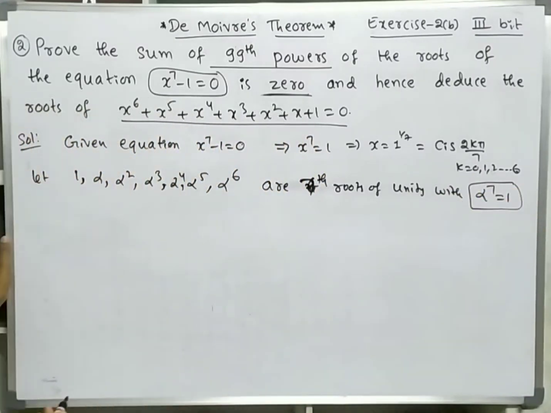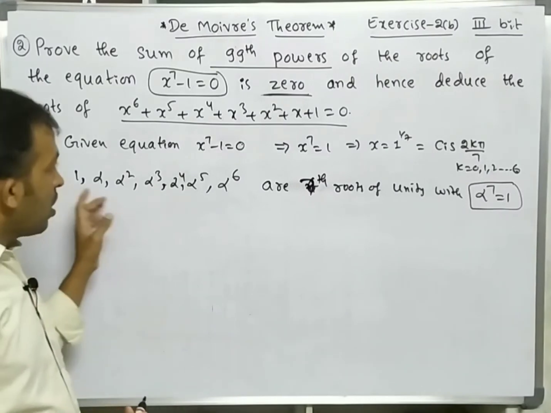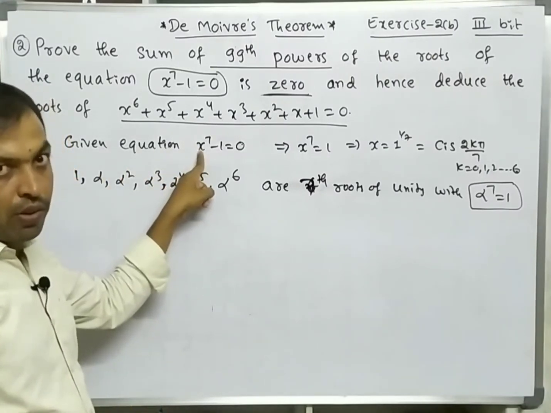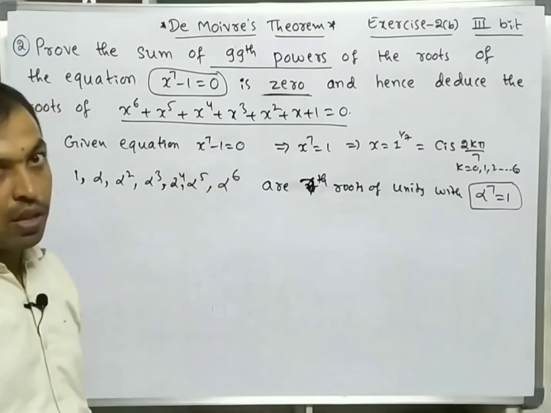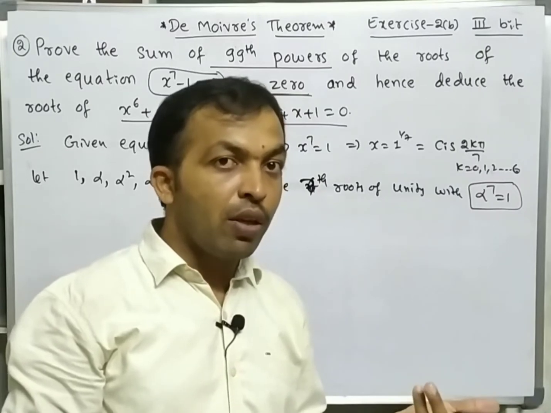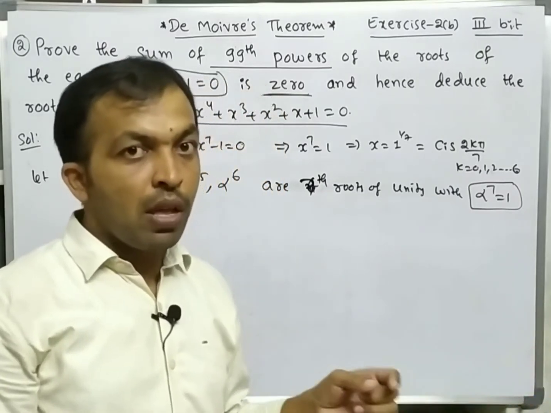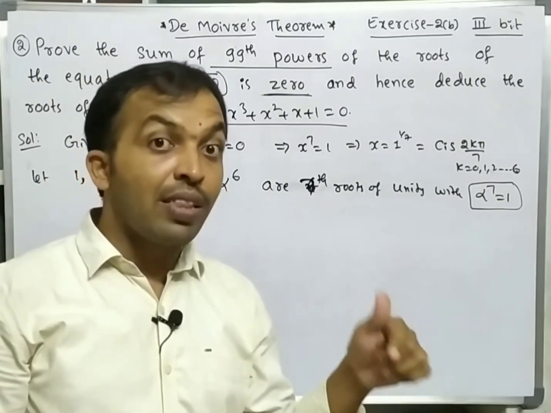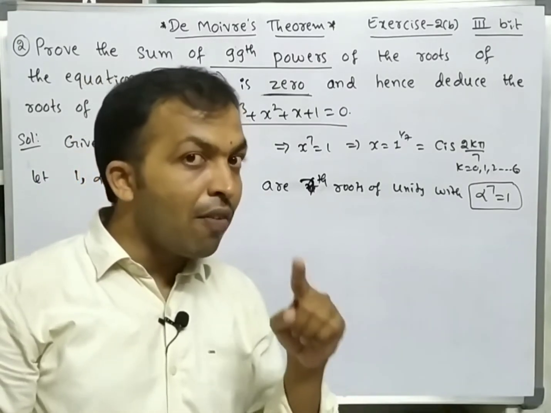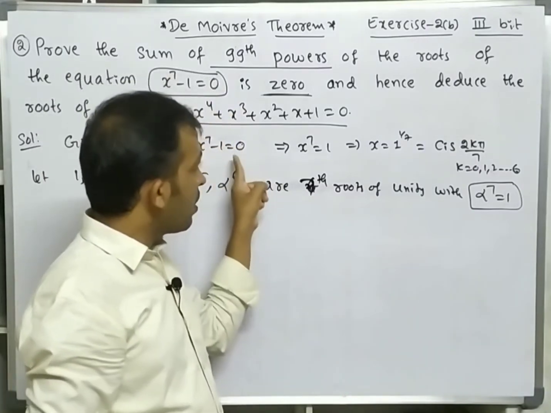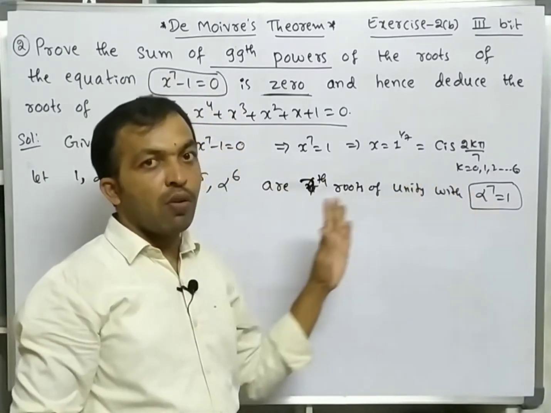Alpha power 7 is equal to how much? 1. So if we let alpha be a root of this equation, then alpha power 7 minus 1 is equal to 0, then alpha power 7 is equal to 1. Otherwise, as in the previous problem, 1, alpha, alpha square, up to alpha power n minus 1 are the nth roots of unity, then alpha power n is equal to how much? 1. So like that, here the 7th roots of unity means alpha power 7 is equal to 1.